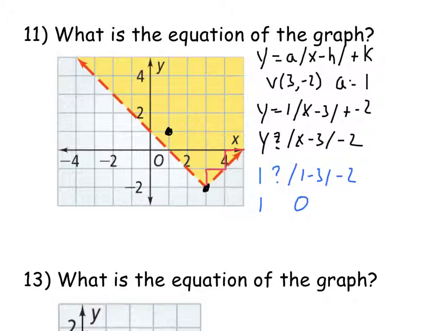So that side becomes 0. Is 1 greater than or less than 0? 1 is greater than 0. Since we picked a true test point, that is the inequality we want to use. So our inequality is y is greater than the absolute value of x minus 3, minus 2.